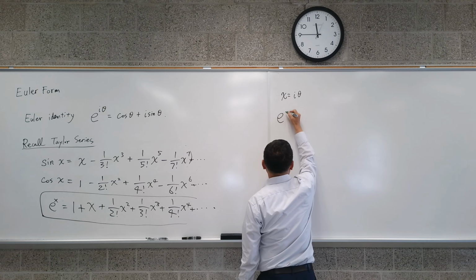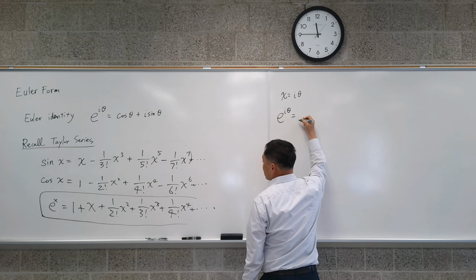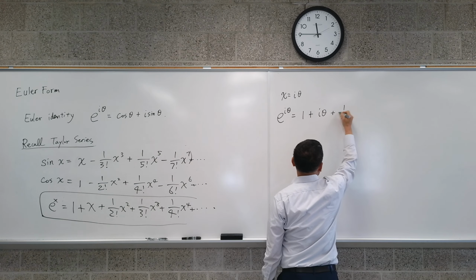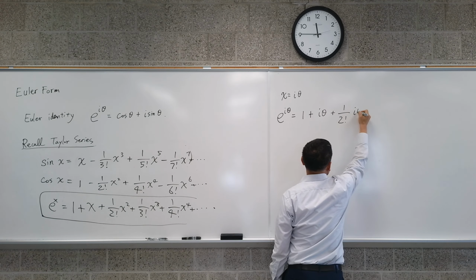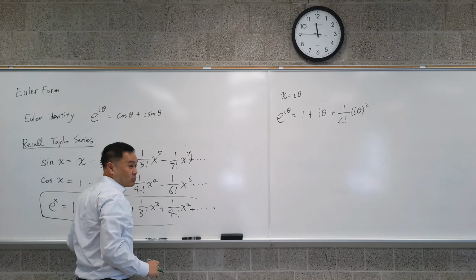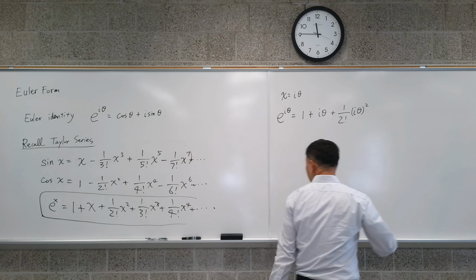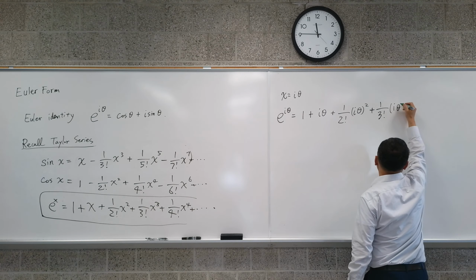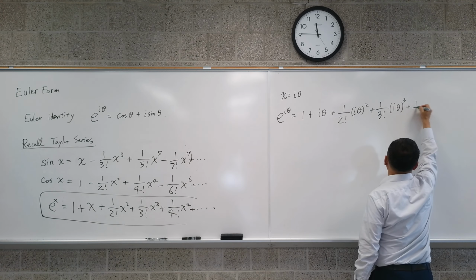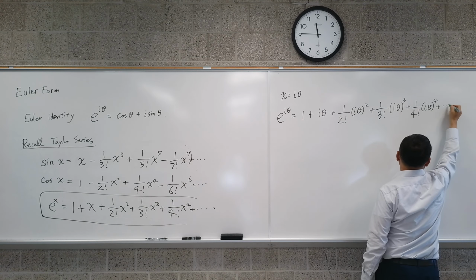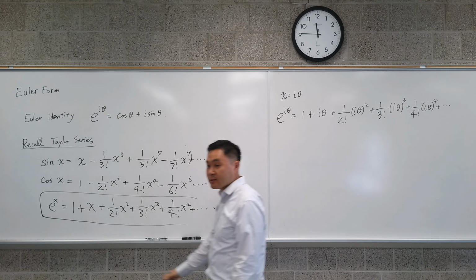That makes e to the i theta equal to 1 plus i theta plus 1 over 2 factorial (i theta) squared. See, every time I see an x, that's going to be replaced by i theta, right? Plus 1 over 3 factorial (i theta) cubed plus 1 over 4 factorial (i theta) to the fourth, and plus that. Just keeps going. Right?